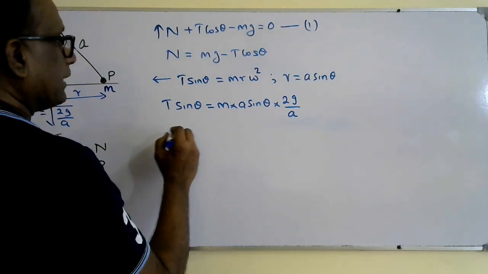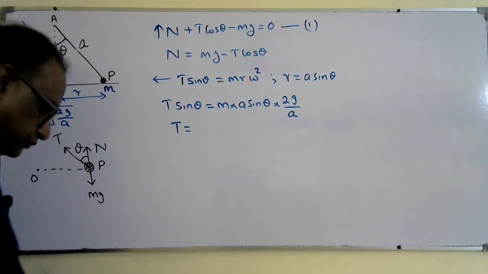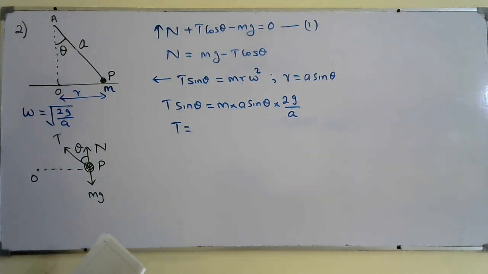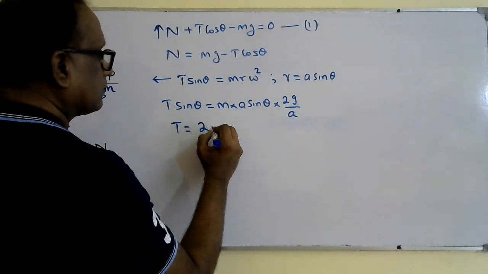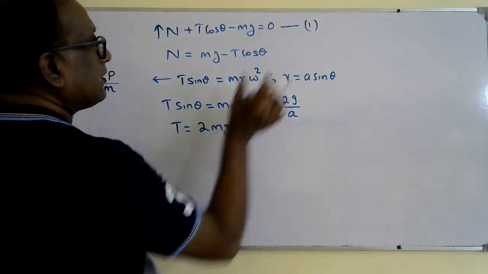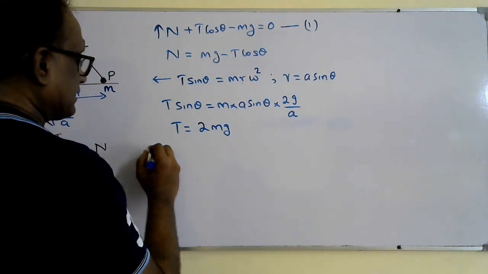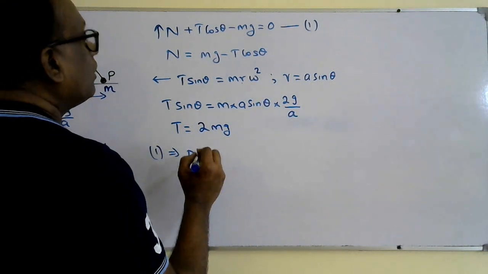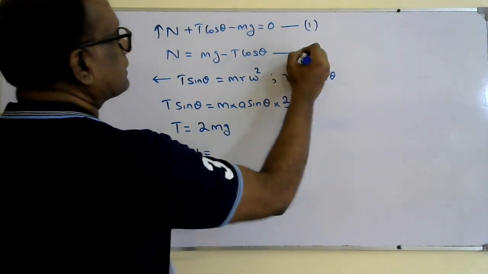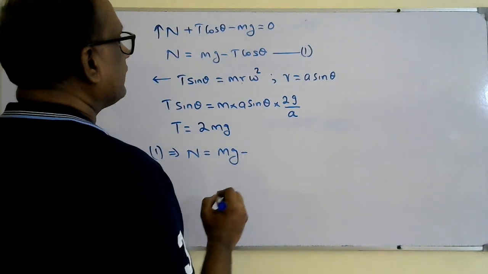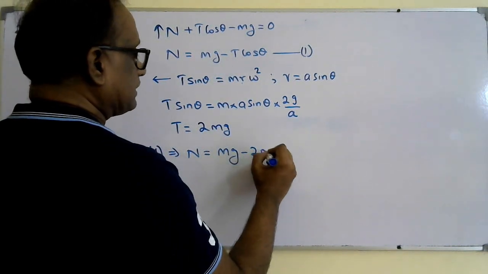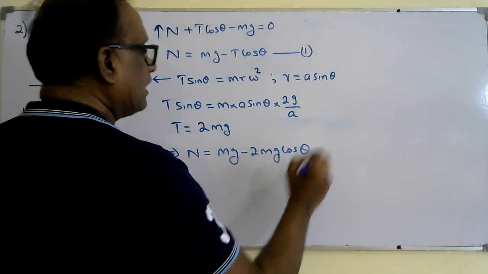So T is going to be 2 mg. Okay, substitute this T in the first equation. So N is equal to mg minus, instead of T, 2 mg cos theta.